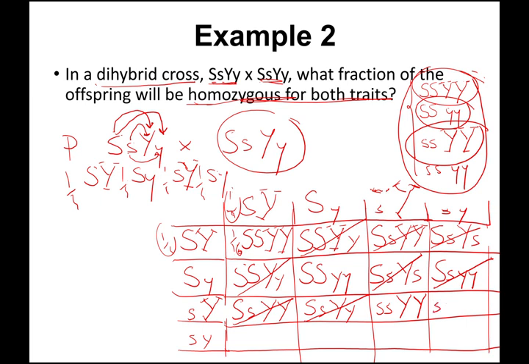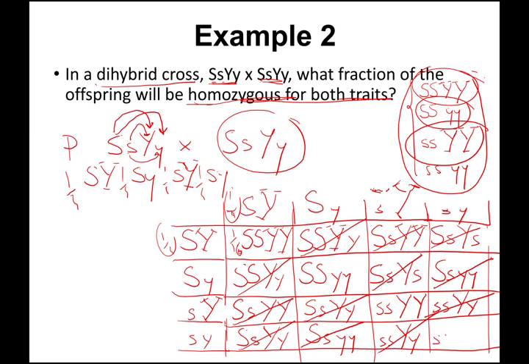These will be homozygous recessive for the first one, heterozygous for the second one. Doesn't meet the definition. And this will be heterozygous for the first one, heterozygous for the second one. Doesn't meet the definition. Heterozygous for the first one, homozygous recessive for the second one, still doesn't meet the definition. Homozygous recessive for the first one, heterozygous for the second one, doesn't meet the definition.